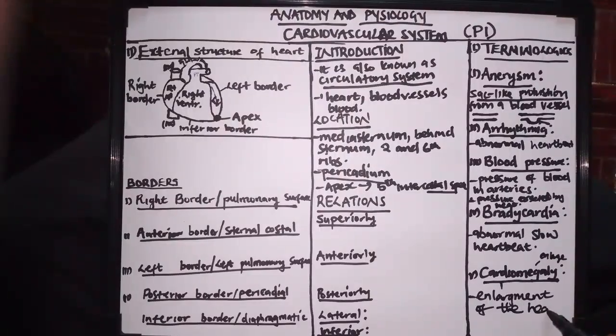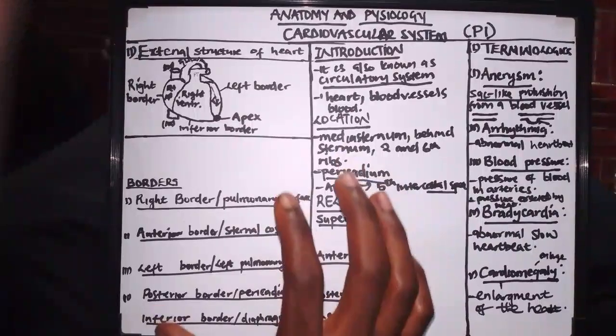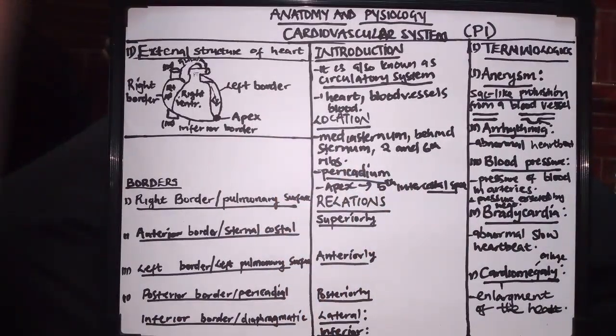So whenever you hear the word cardiomegaly, this is just the enlargement of the heart. So these are the terms which will come across under the cardiovascular system. We have aneurysm, arrhythmias, blood pressure, and bradycardia, and also cardiomegaly.